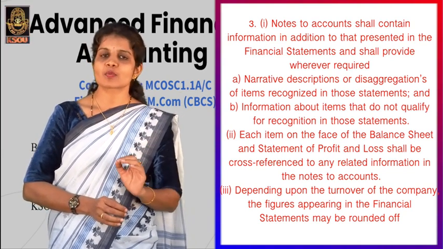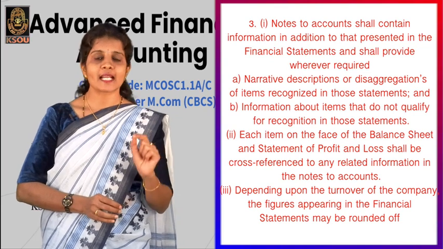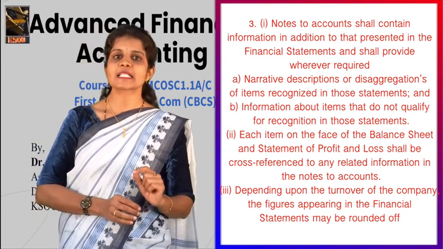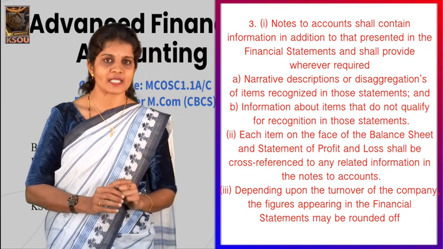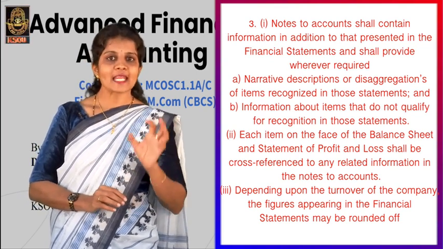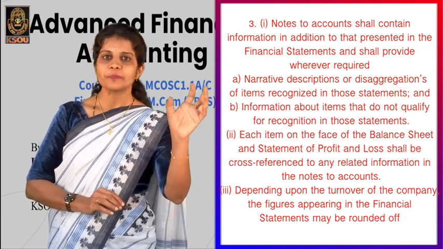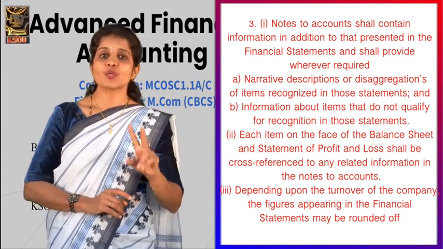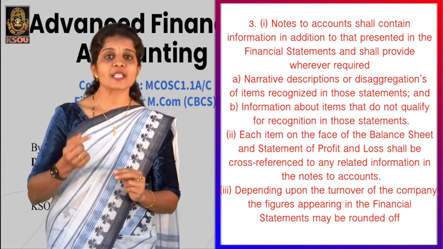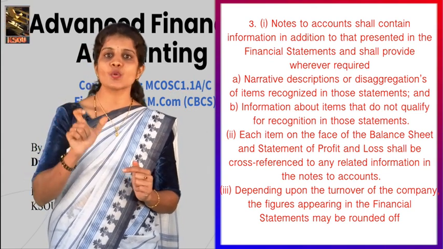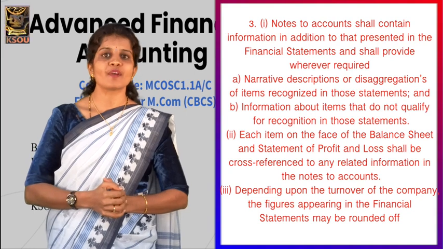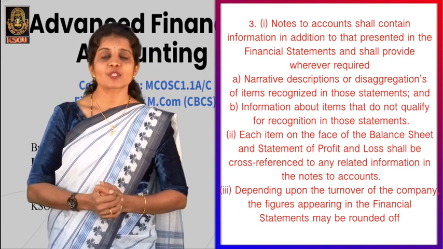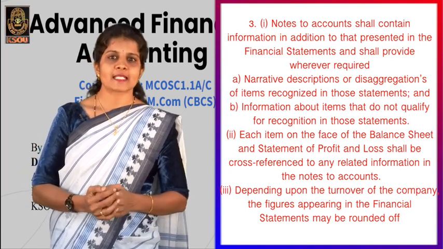So this is one of the requirements and conditions as per the Companies Act while preparing the financial statement, wherein any financial statement, be it the balance sheet or the statement of profit and loss, the 2 periods of financials, that is the 2 years' information in terms of monetary items, must be presented.